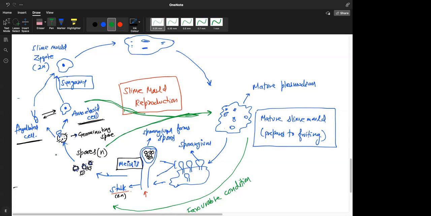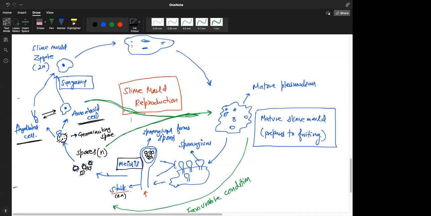Clear? From one sporangium, it's not like only one zygote. There can be hundreds. But mostly in a favorable environment, they just go through the easier way.